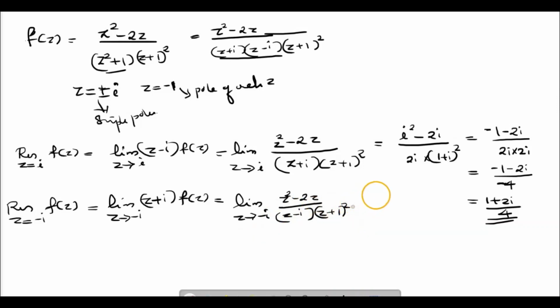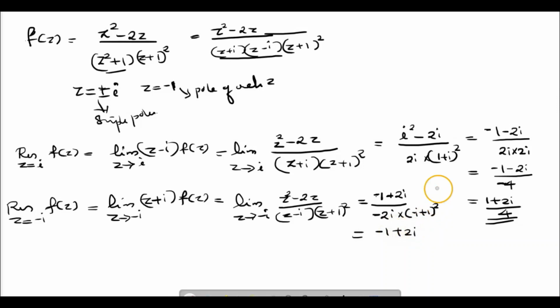Taking the limit z equal to minus i, i square is minus 1, minus 2 into minus i means plus 2i, divided by (minus i minus i, that is minus 2i) into (minus i plus 1) whole square.